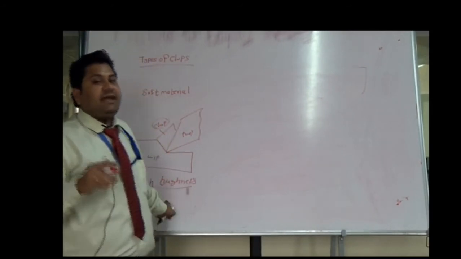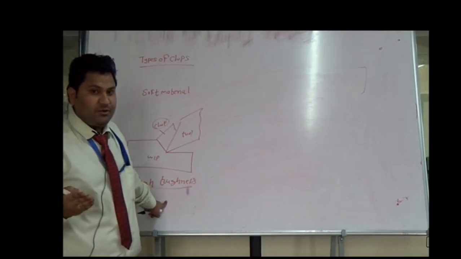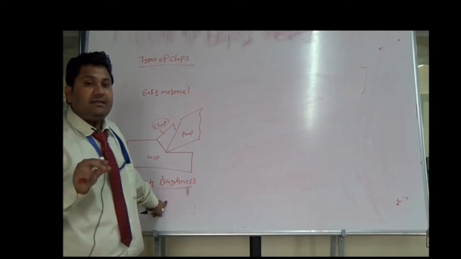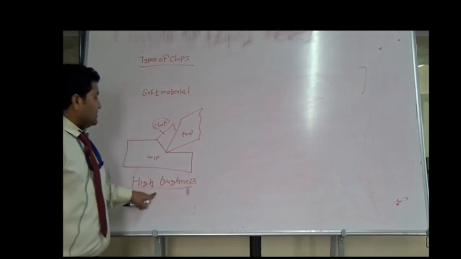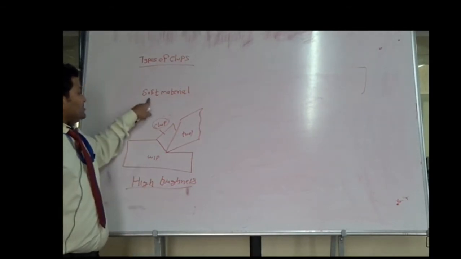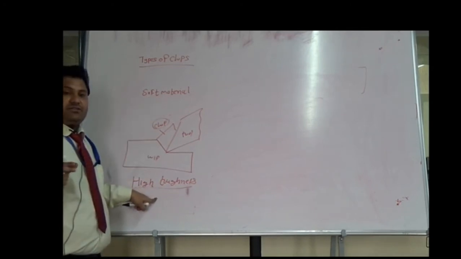The energy wave propagation or crack wave propagation is developed, but because of the high toughness, this energy wave disappears in the middle portion. So because of this soft material, the energy wave propagation disappears.